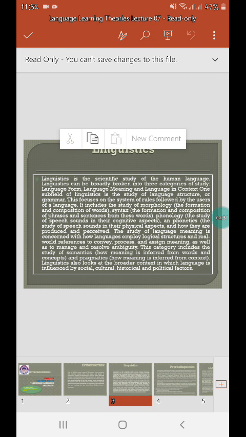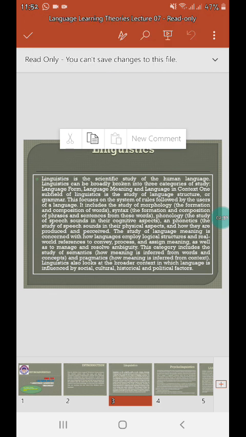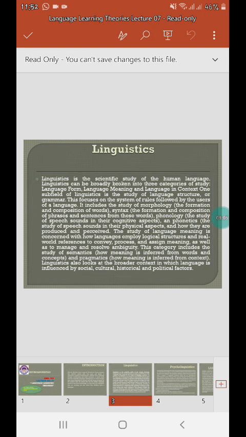It includes the study of morphology, the formation and composition of words; syntax, the formation and composition of phrases and sentences from these words; phonology, the study of speech sounds in their cognitive aspects; and phonetics, the study of speech sounds in their physical aspects and how they are produced and perceived.